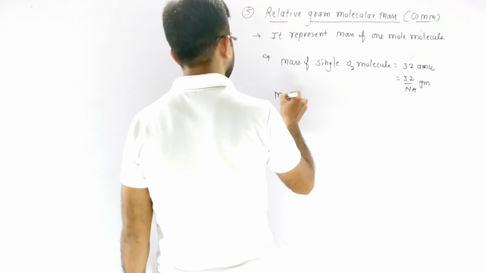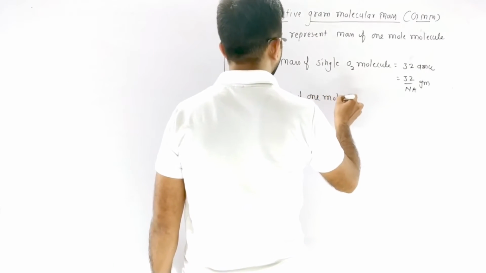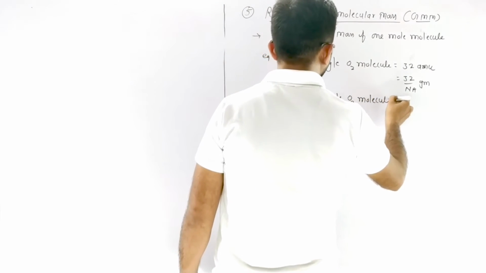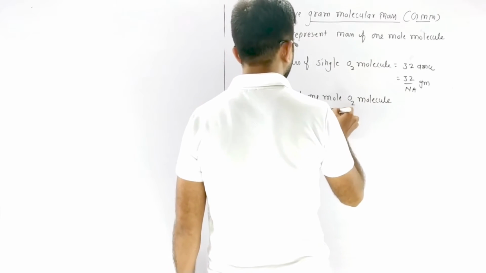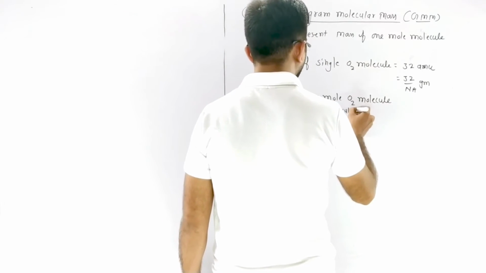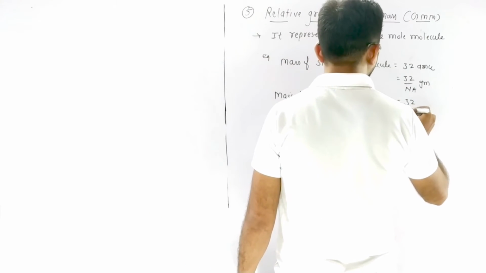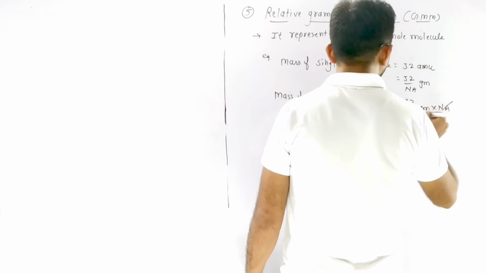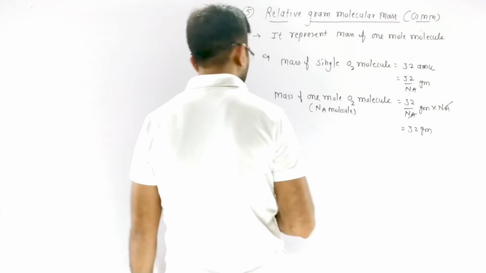Now we write the mass of 1 mole of O2 molecules, and we know that in 1 mole we have N_A molecules of O2. So 32 divided by N_A gram, and we multiply by N_A, so these cancel out and it becomes 32 gram.